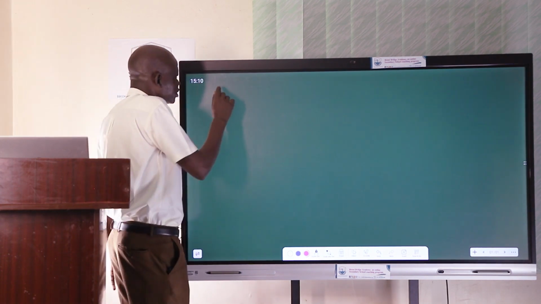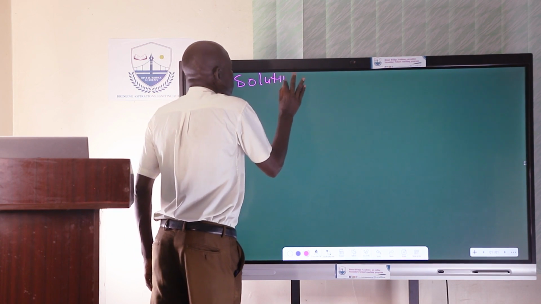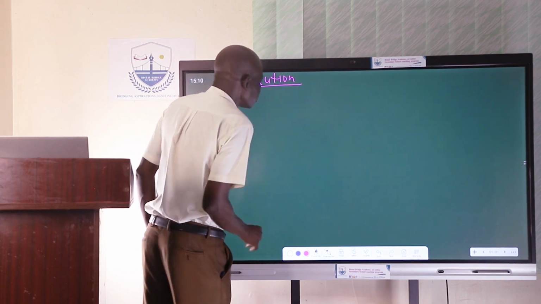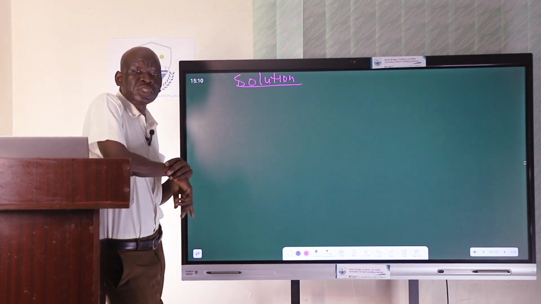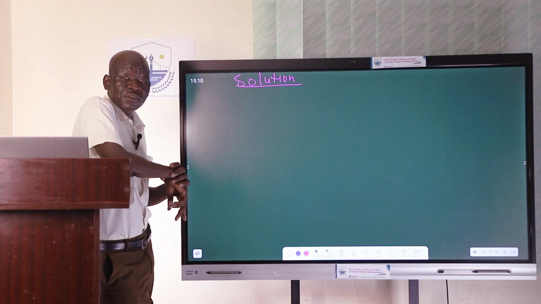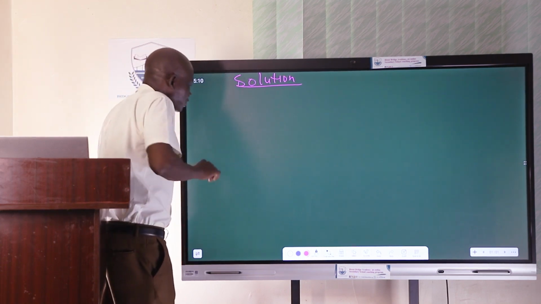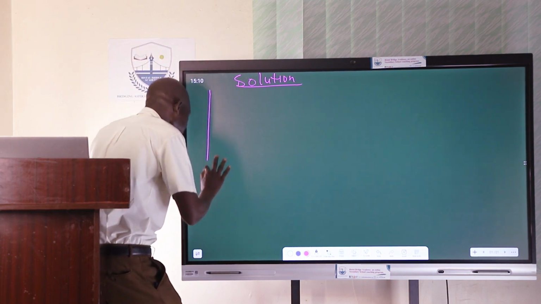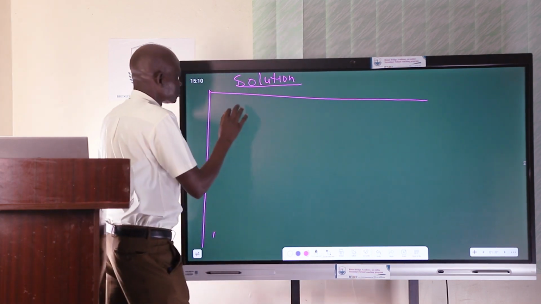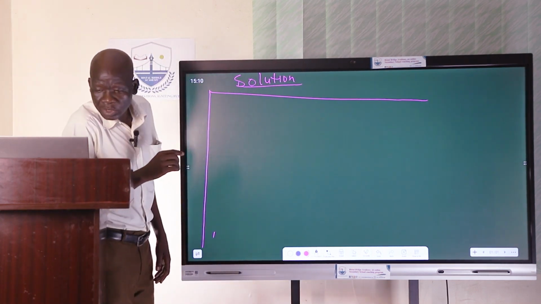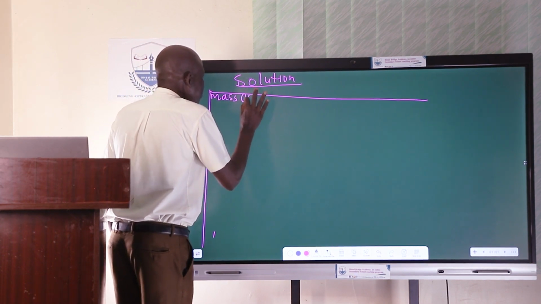Let's look at the solution on how to go about such a question. The first thing is we draw a cumulative frequency table, which looks like this. Here we have the mass measured in kilograms.